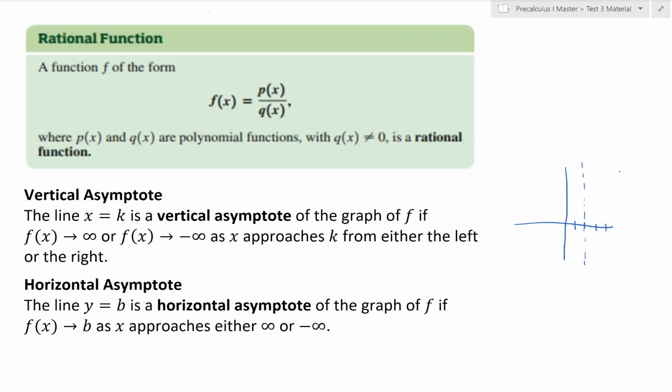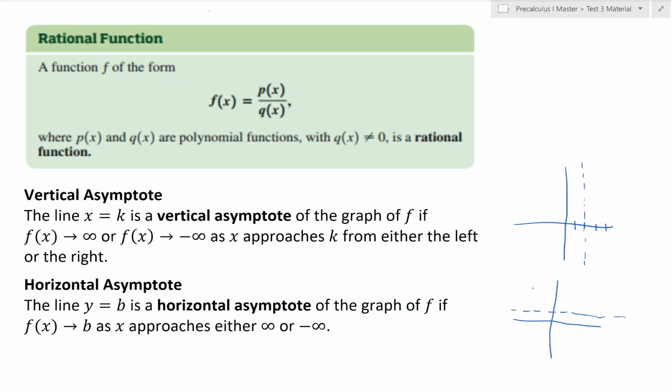Now a horizontal asymptote is a line y equals b, because that's the equation of a horizontal line, where if your graph is approaching, your y is approaching b, as x either gets closer to positive infinity or negative infinity. So we have this dashed line.